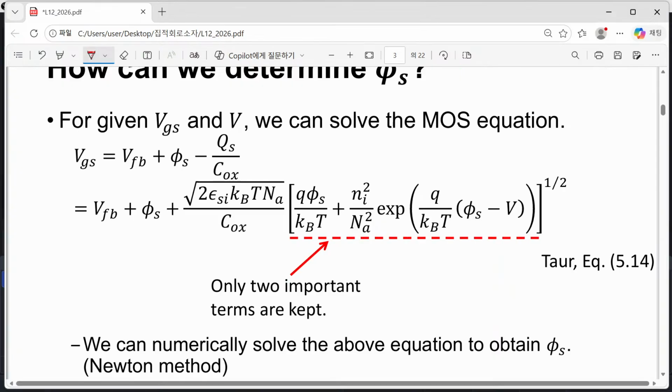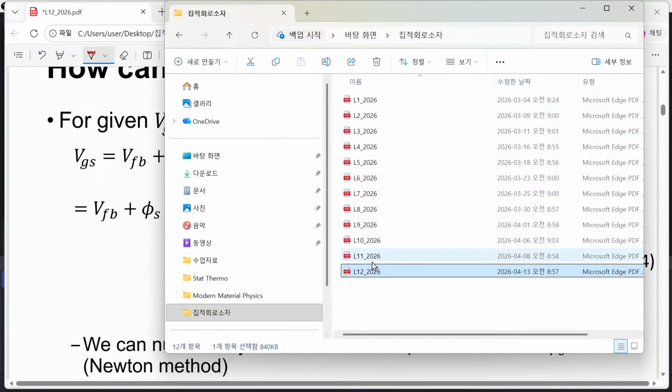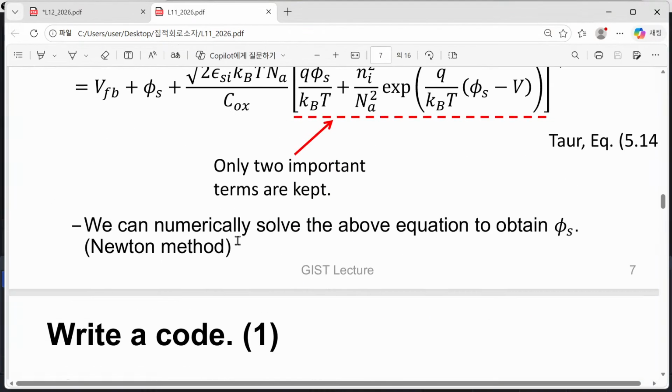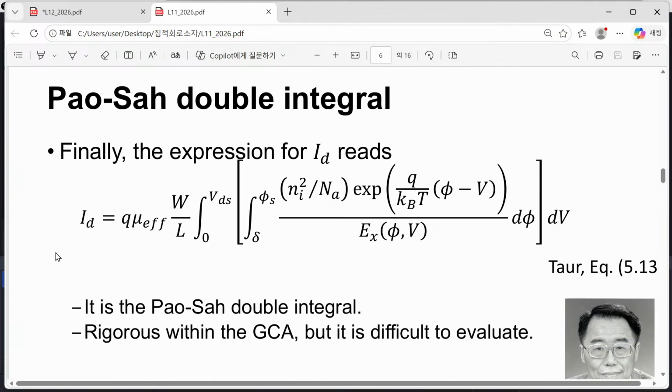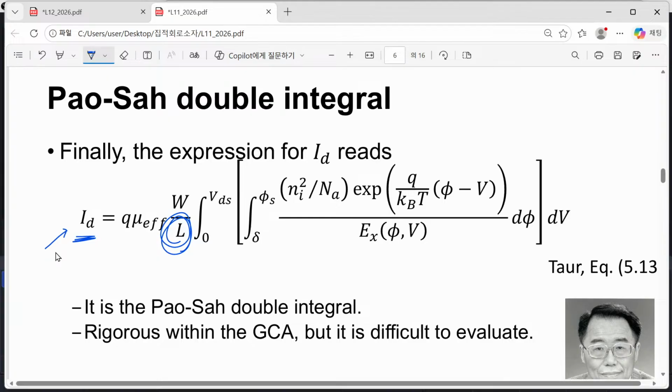Before starting today's talk, let me just remind you of the form of our Pao-Sah equation. Once again, here you can see this is the Pao-Sah double integral. As you can see, the drain is shown here, and this 1 over L factor comes from this dy integral, and W is coming from our dA component, and all other terms, q, mu, correspond to the Jn component, and this is nothing but integrating our electron density related quantity.